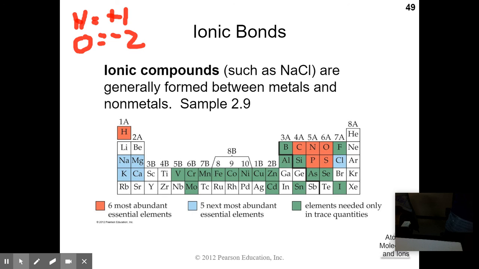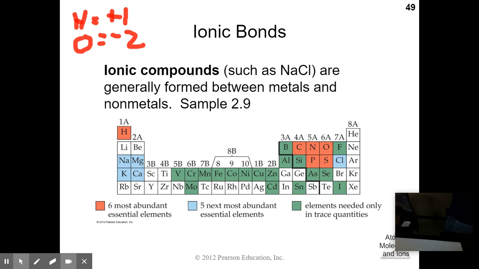How many hydrogens are needed to cancel out the -2? So 2 hydrogens. If we have 2 hydrogens, each with a +1 charge, 2 times 1 is 2. So +2 and a -2 equal 0.